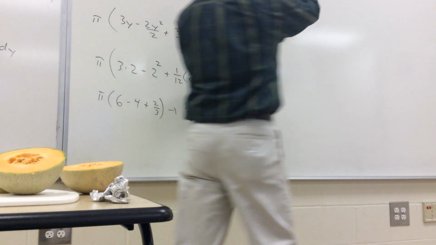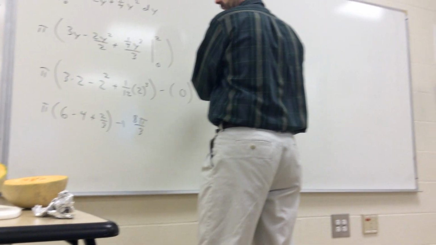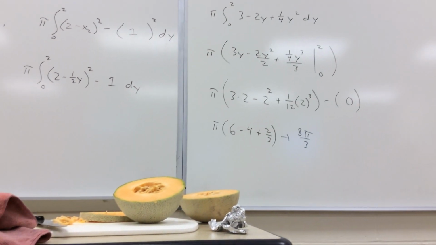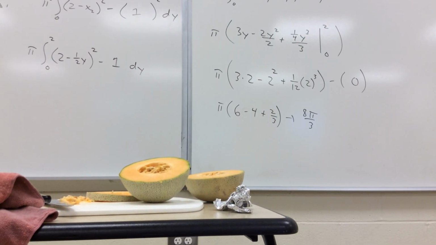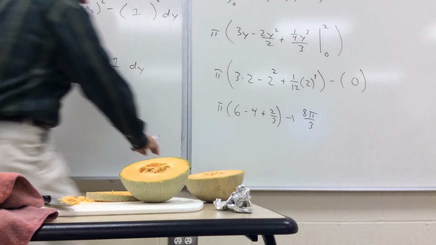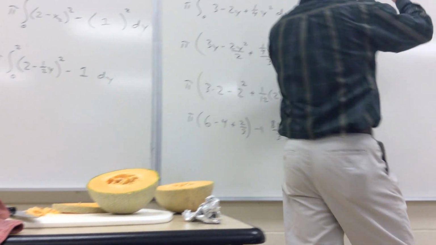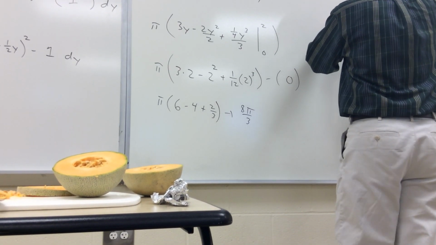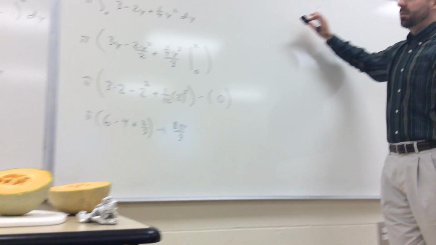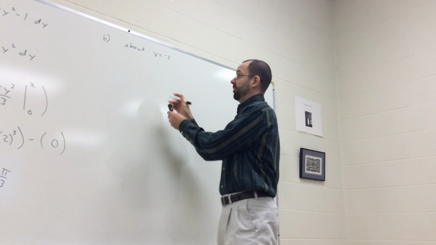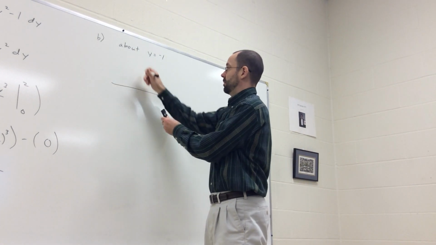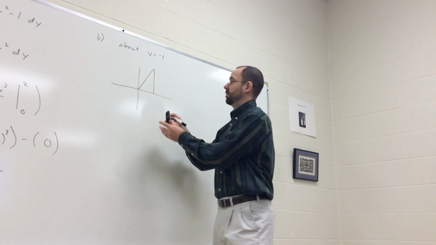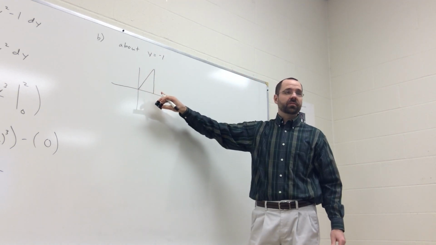All right, for part B, I'm going to change what I rotate around. For that, I'm going to rotate around y equals -1. So same shaded region. So there's my shaded region.